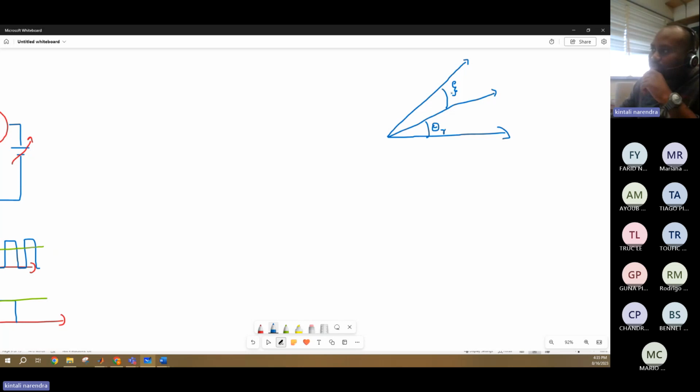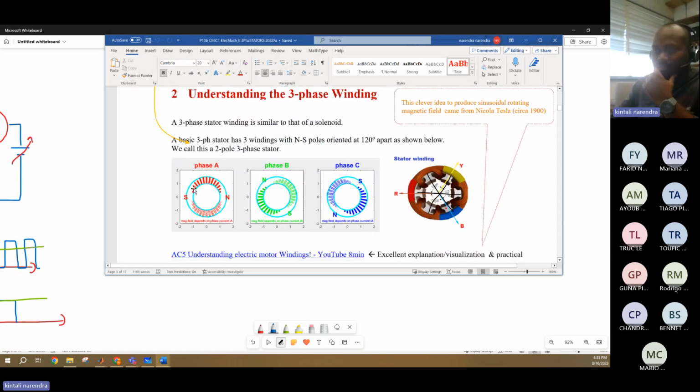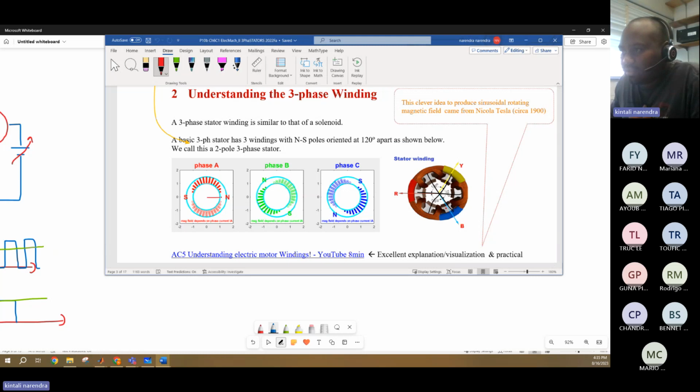If the rotor moves by an angle of zeta, what will happen? The magnetic field also will change, right? Because the number of coils will change, since the coils are wound with a certain pattern. We follow this pattern when we are building the winding. Imagine the rotor is here initially, and take this as the reference axis. If the rotor is moving from here to here, the windings are changing.